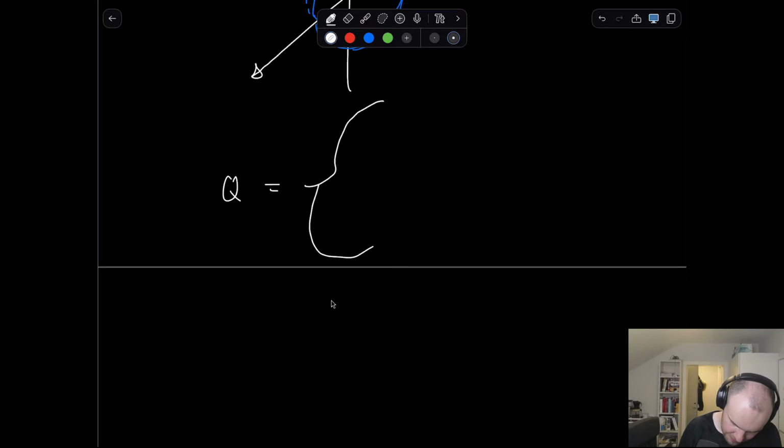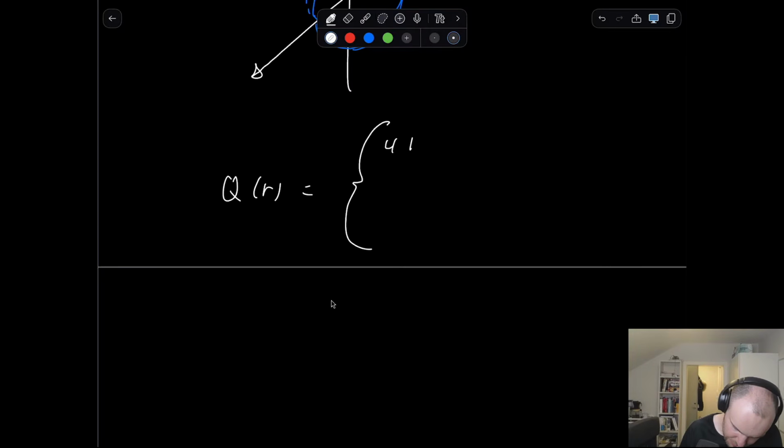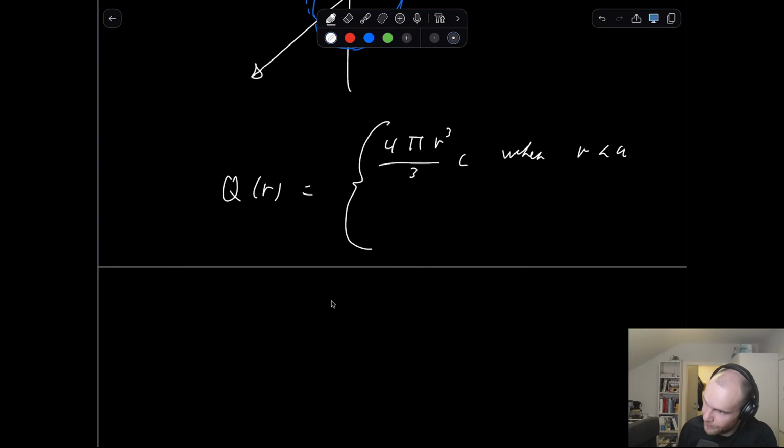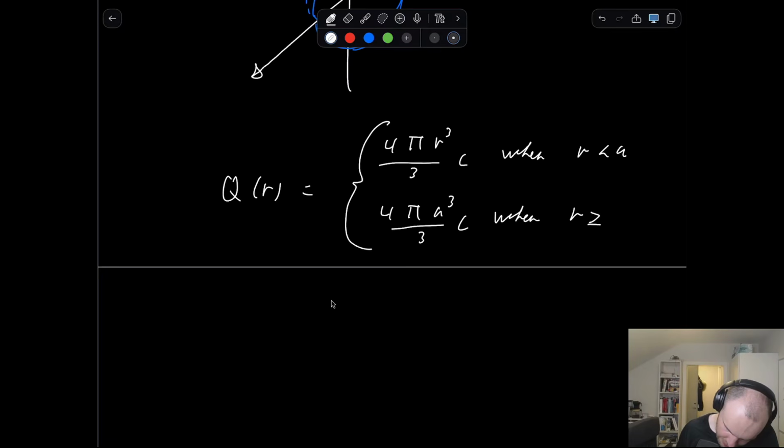It's 4 pi r cubed divided by 3 times c when r is less than a, and it's just 4 pi a cubed divided by 3 times c when r is bigger than or equal to a. Then we don't increase.